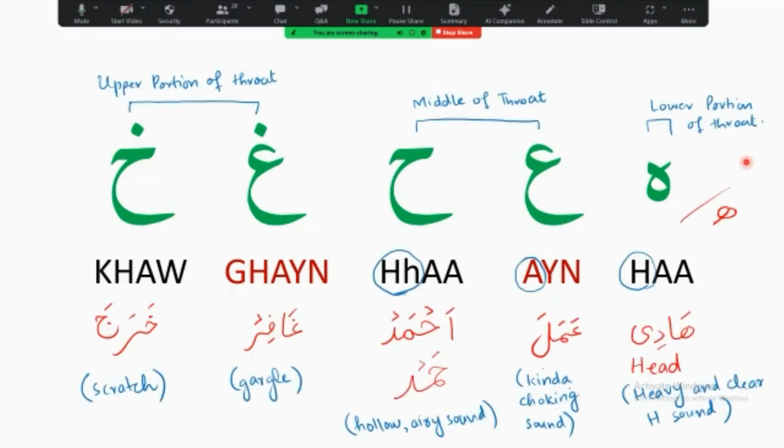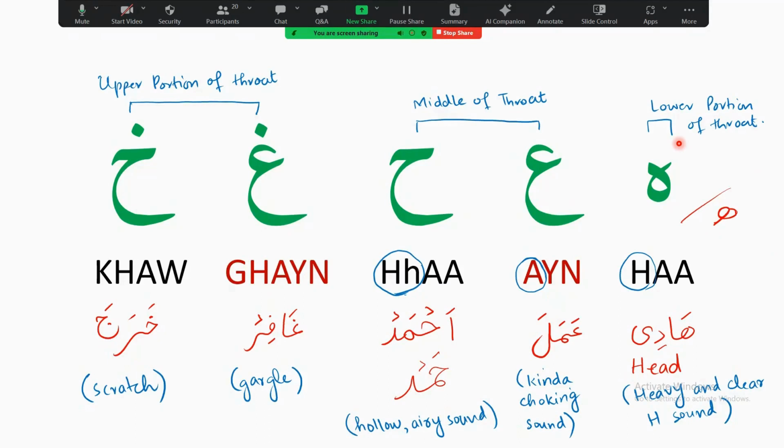As for the first alphabet here, Ha, the sound of it is just like when we say head in English. Head, right? So Ha sound. You hear that this is a heavy sound and a very clear H sound that comes from the lower portion of our throat.